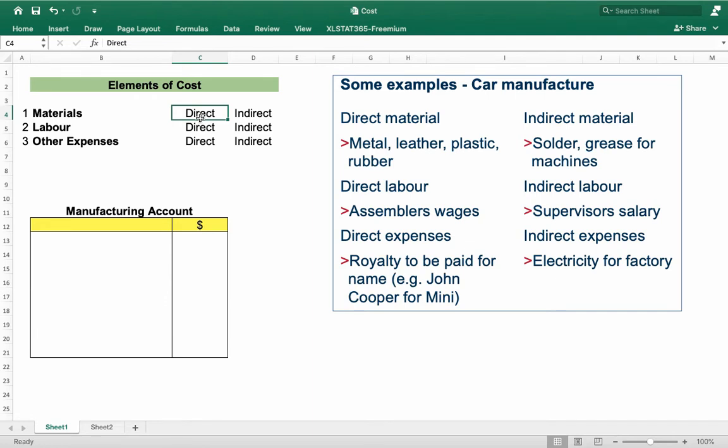But only wood is not sufficient to manufacture the table, isn't it? You need many other things like Fevicol, you need nails also, you need polish also. So those are known as indirect material. Another example. Suppose you went to a tailor and you told him that you need a shirt of your exact fitting. You are not planning to buy a ready-made one.